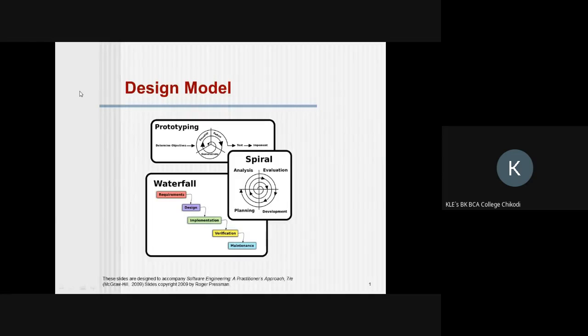Today we'll see about an important concept, that is design model, or designing the model, from software engineering. As you all know, we have so many steps in software development or development in any engineering field. If you consider, each and every step has its own responsibilities to play.